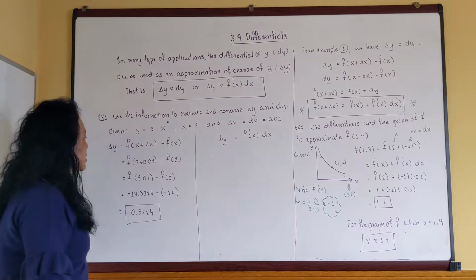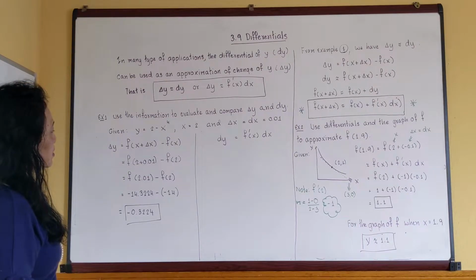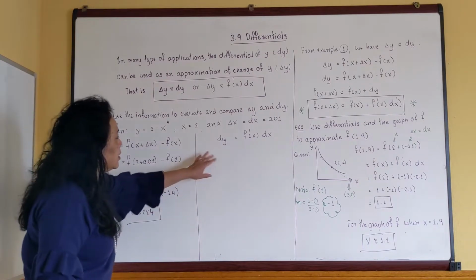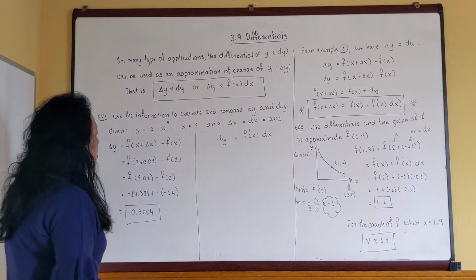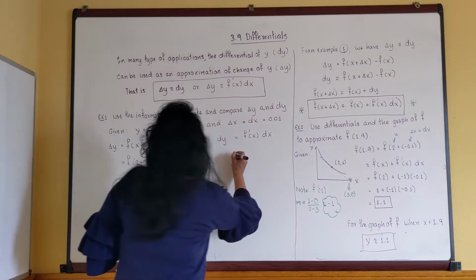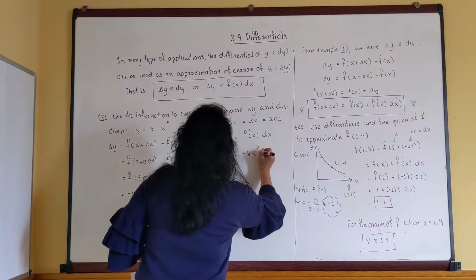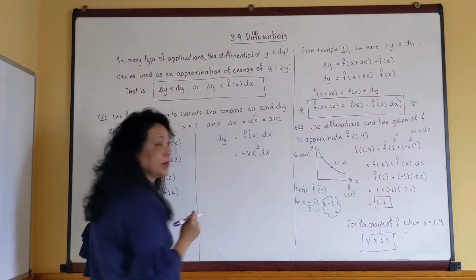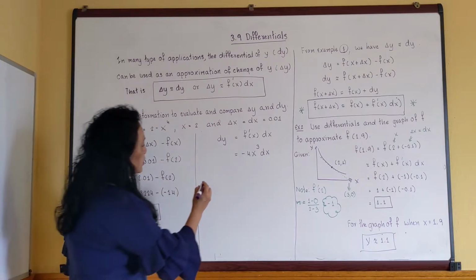Now let's compare with dy. dy is f prime of x dx. So first, let's take the derivative of this. You're going to have negative 4x to the cube dx. My x is 2, so I'm going to substitute 2 in there.